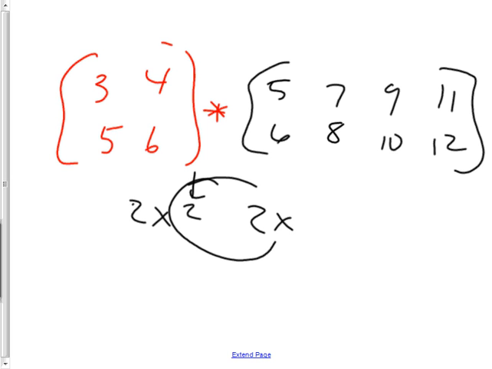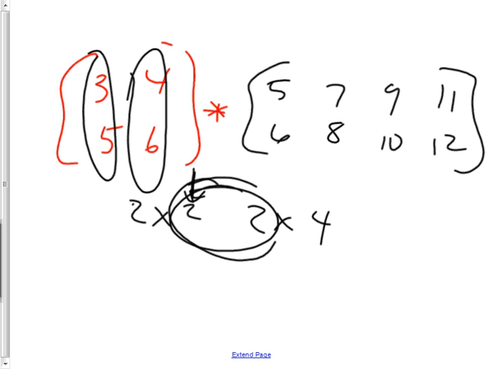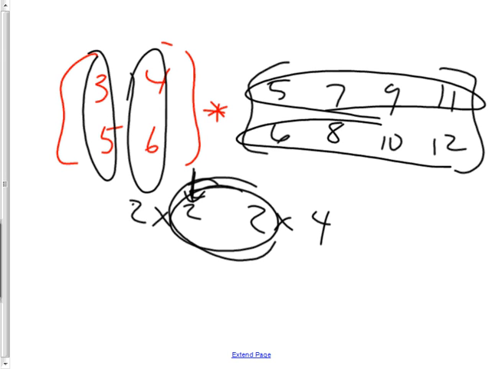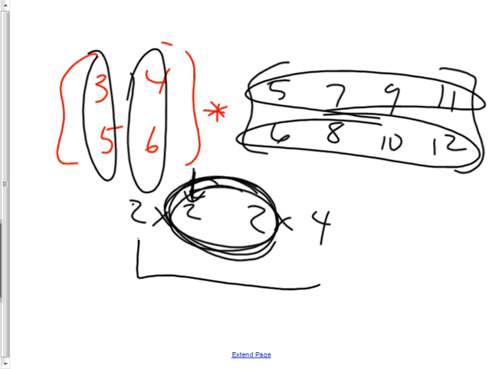The 2 by 4. As long as these match up, I'm good. If the number of columns here matches up with the number of rows here, then it's okay. All right, so then if these two match up, then the 2 and the 4 is what you're going to get out. We're going to have a 2 by 4 matrix as the answer.